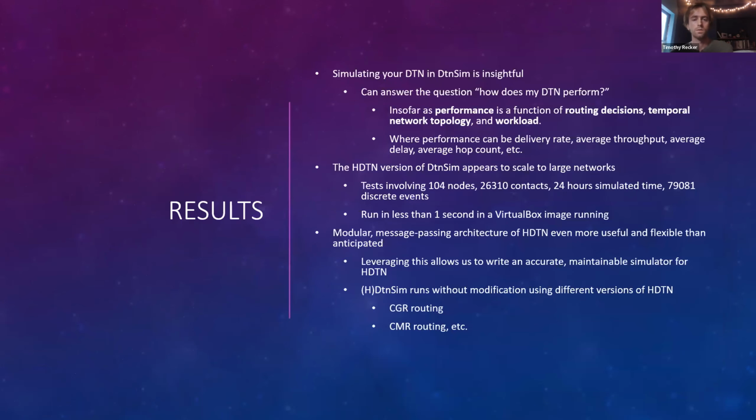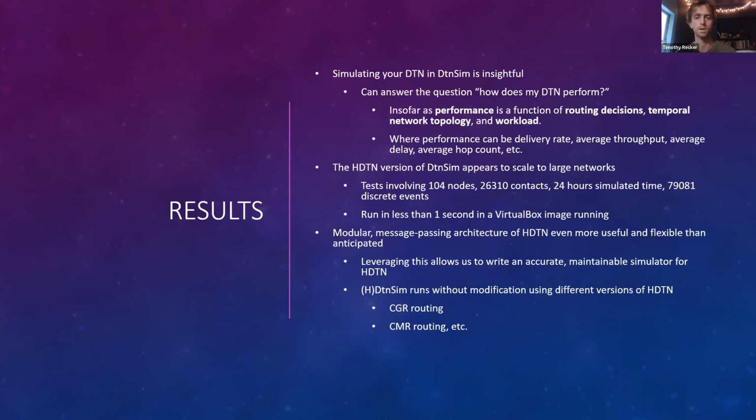And the results of this have been pretty promising. It proves to be able to answer useful performance questions about HDTN. Insofar as performance depends on routing decisions and the network topology and the workload or traffic through the network, we've been able to generate useful performance metrics.